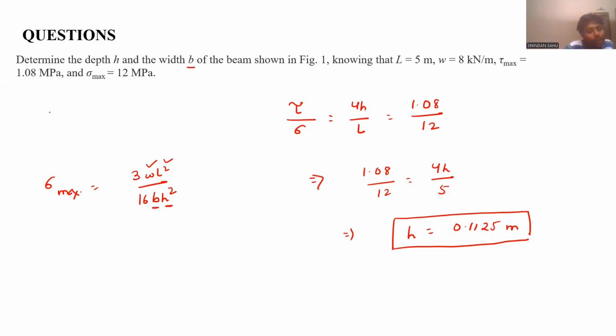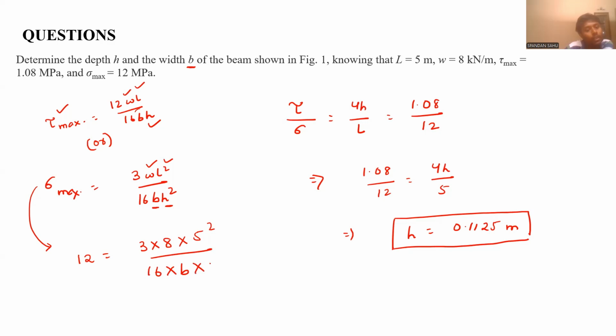Similarly, if someone wants to try with tau max also, they can, because tau max is 12 by 16 B H. Tau max value is known, length is known, W is known, H is known, the only unknown is B. So either equation will hold good to calculate the width B. Let us try with this equation: 12 equal to 3 into 8 kilonewton per meter, length 5 square, upon 16 into B into 0.1125 square.